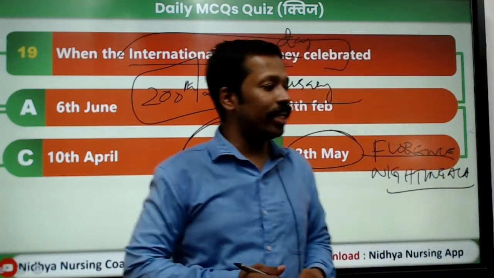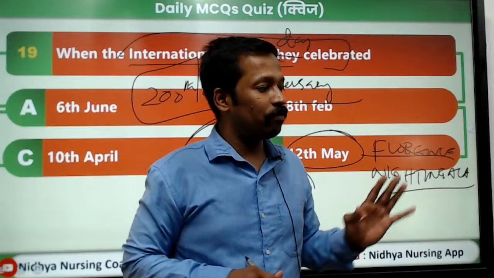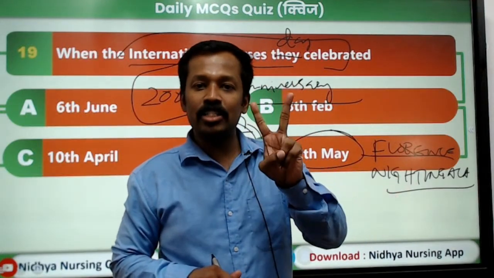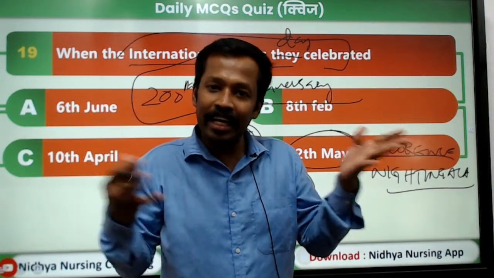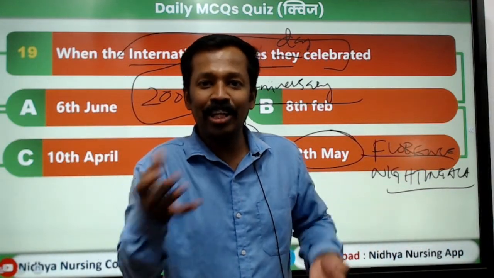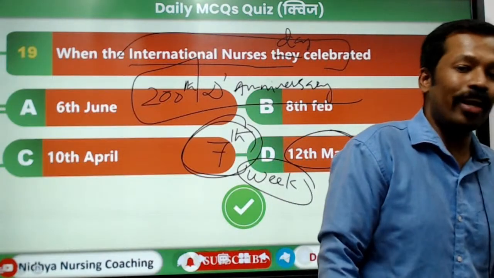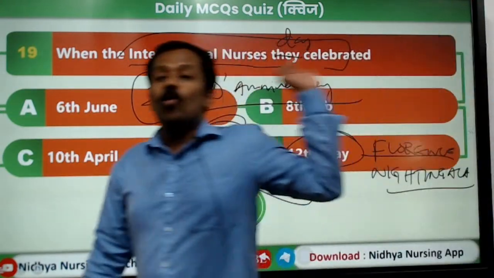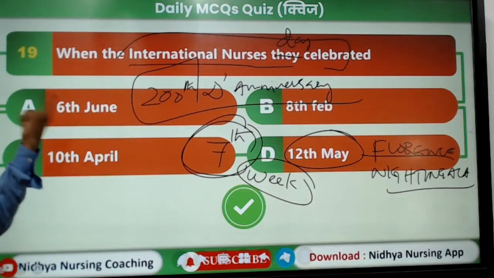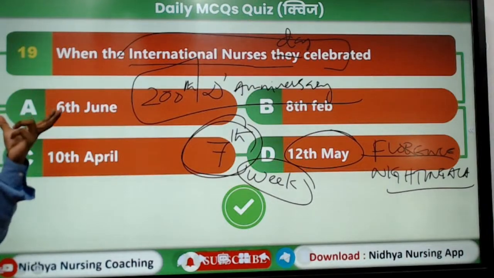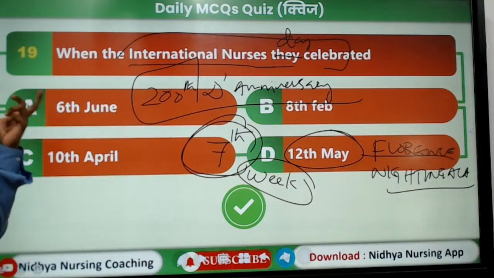We already celebrated the 200th anniversary, and we are only in 2023. Okay, fine. So what is the answer? When are we celebrating International Nurses Day? 12th May, everywhere, every year, in memory of Florence Nightingale's birthday.